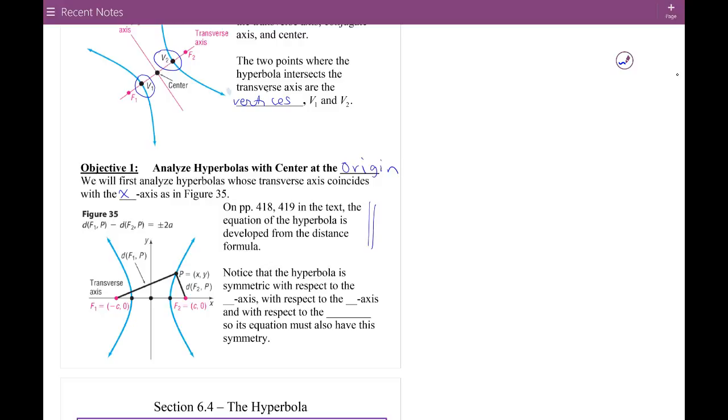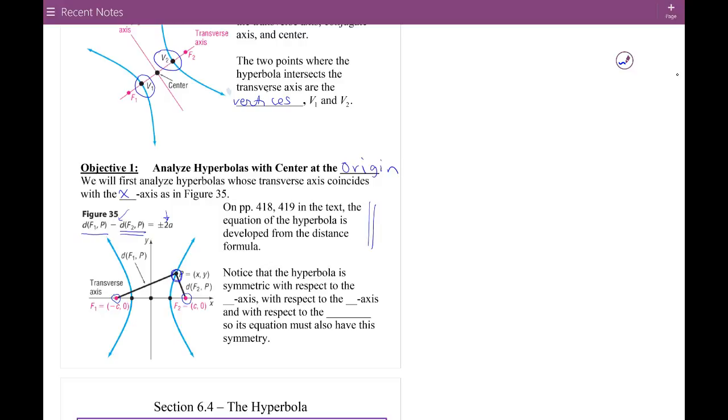We're not going to take the time to do that, but I want you to notice that the distance from focus 1 to any random point on the hyperbola minus the distance from focus 2 to that same point on the hyperbola, the difference, remember, equals 2a or negative 2a. That's always going to be the case. That's how the hyperbola was constructed.